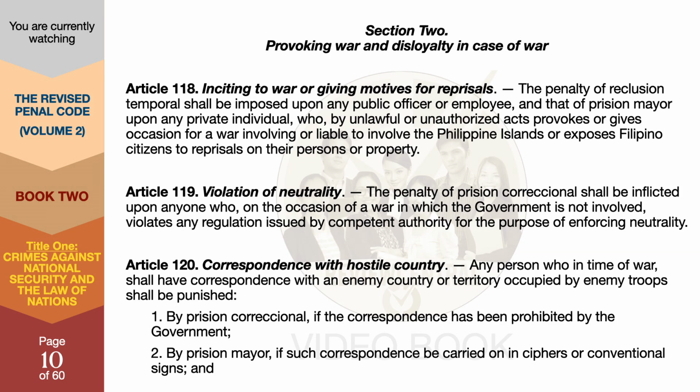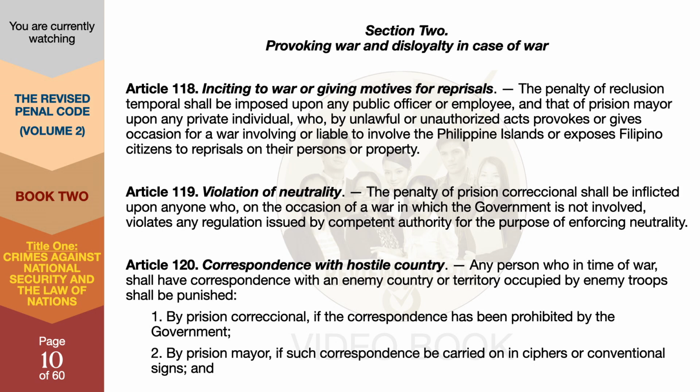Article 120. Correspondence with hostile country. Any person who in time of war shall have correspondence with an enemy country or territory occupied by enemy troops shall be punished: 1. By prisión correccional, if the correspondence has been prohibited by the government. 2.